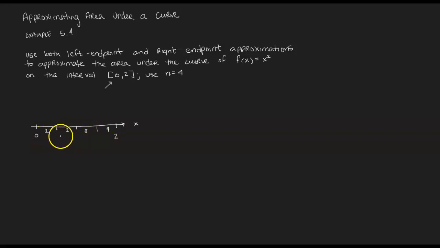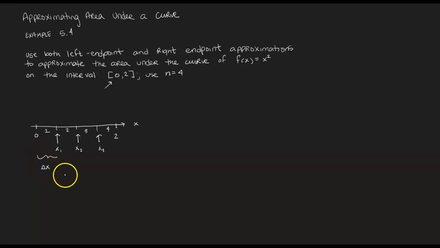More than just cutting these up visually, I need to know what the x values are that separate each of these intervals, because we're going to use those to create our areas, if you remember from the last video.